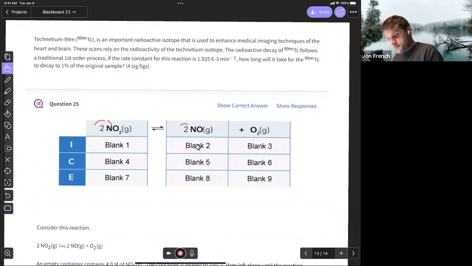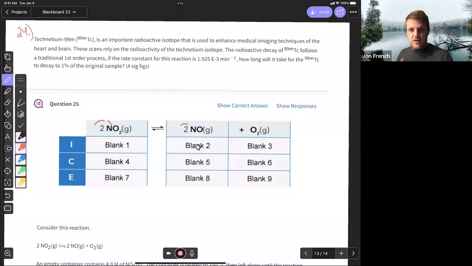Question 24. This is similar to the other half-life problem that we did. It's an important radioactive isotope that's used to enhance medical imaging.